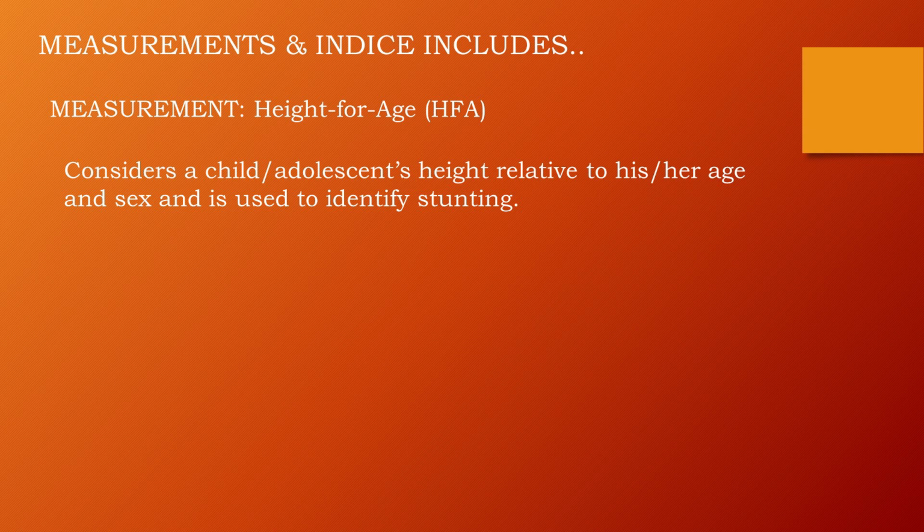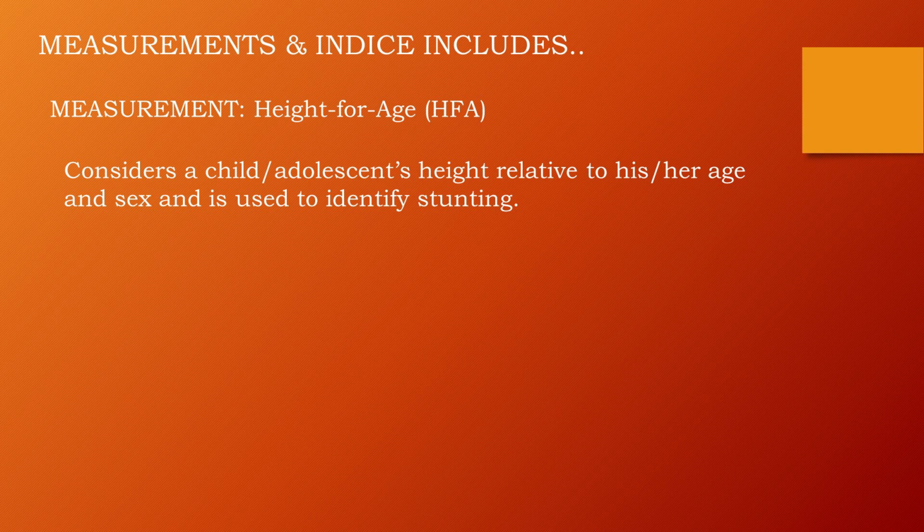It considers the height of a child or adolescent as compared to his or her age and sex. We have seen the conditions in which anthropometry is useful, and among those conditions was stunting. So, this particular index, height for age, always helps in identifying whether the child is stunted or not.